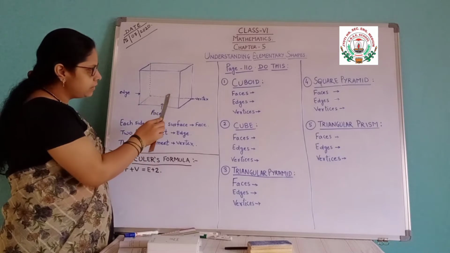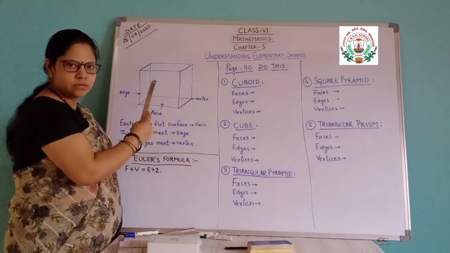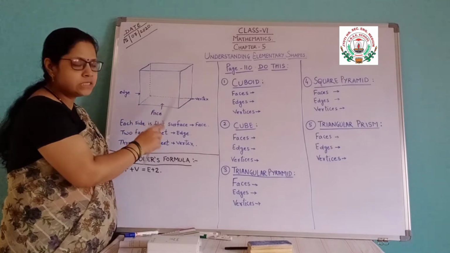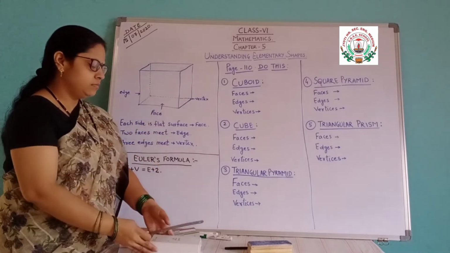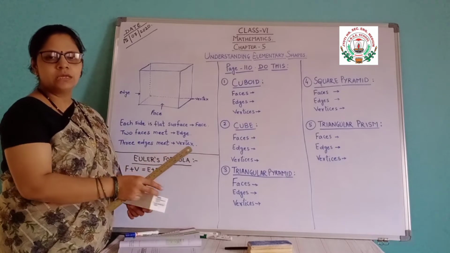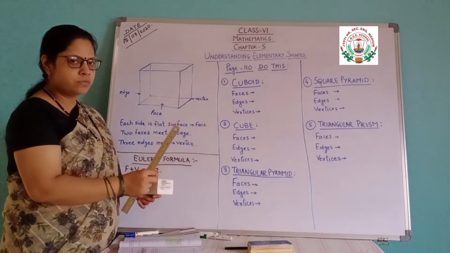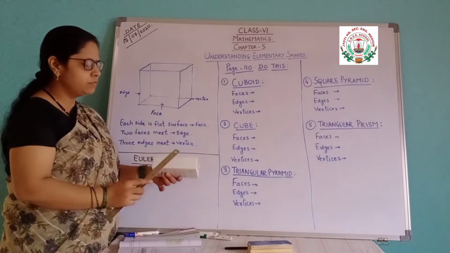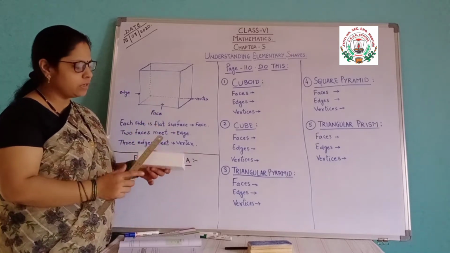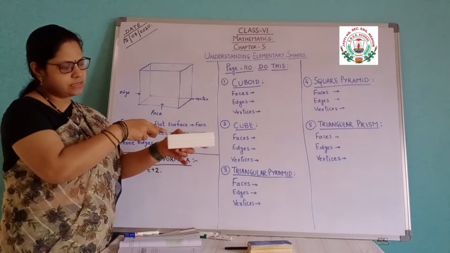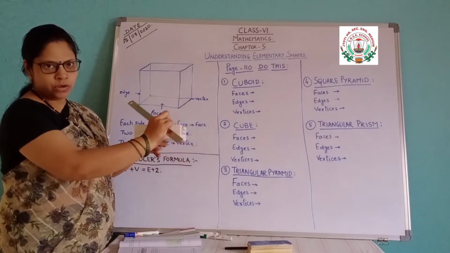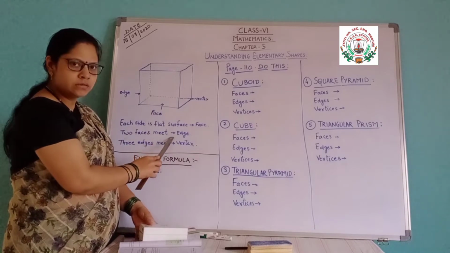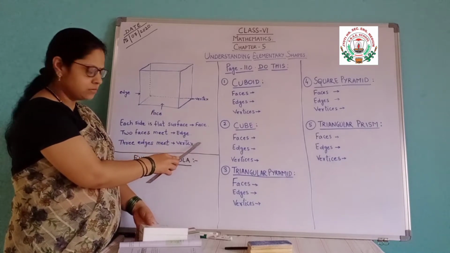You can see here, while drawing on the board or in the copy, it will not be so clear because it is a live object, or you can say a three-dimensional object. So with the live example only it will be more clear. This is the one face, this is the second face. From where it is molded, this is called the edge. So where two faces meet, this is called one edge.